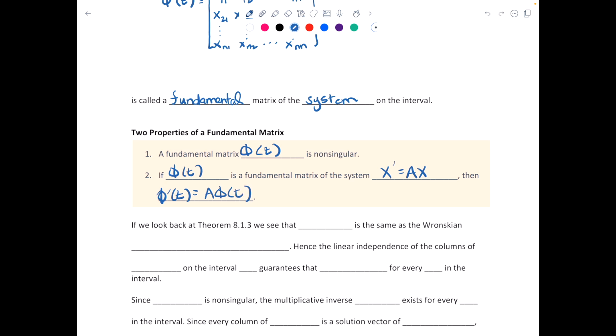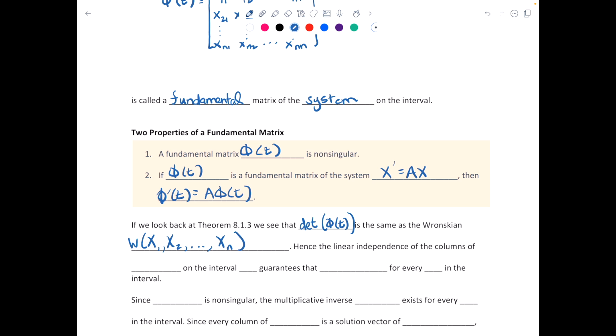If we look back at theorem 8.1.3, it's one part of the theorem, I think it's number 9, we're going to see that the determinant of phi of t is the same as the Wronskian, denoted W, of x1, x2, all the way down to xn. These are all vectors.